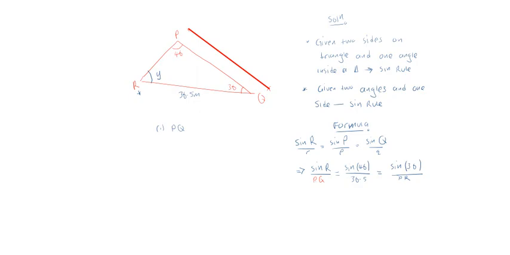So in the triangle PQR, if I add y, remember y is also an angle, plus 46 degrees plus 36 degrees, they should add up to 180 degrees. Help me add 46 plus 36.